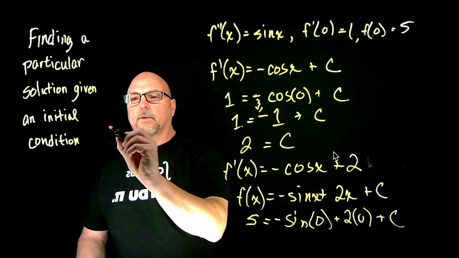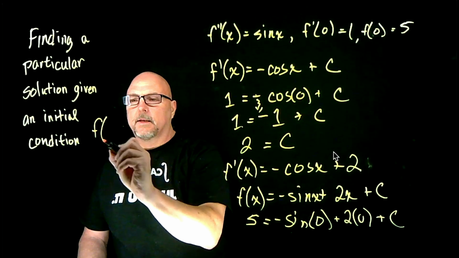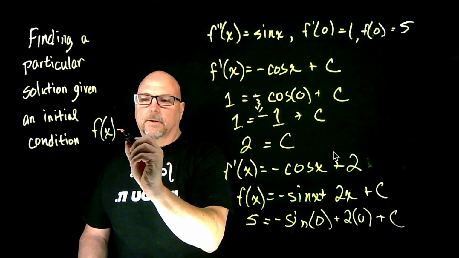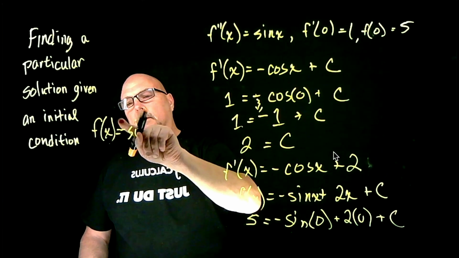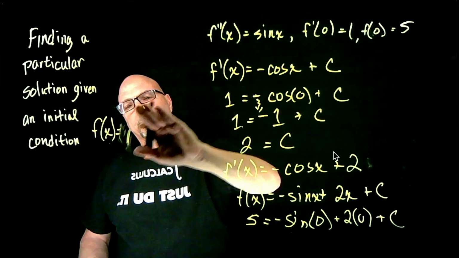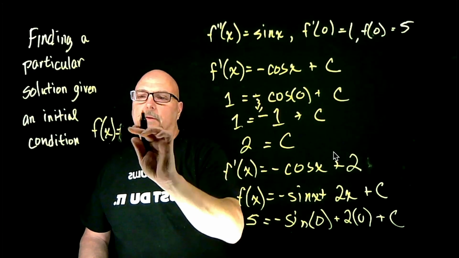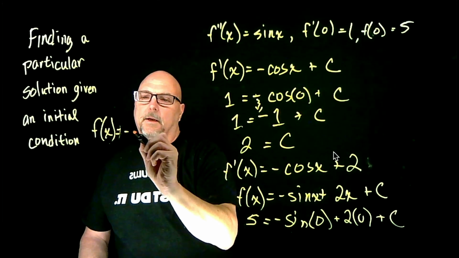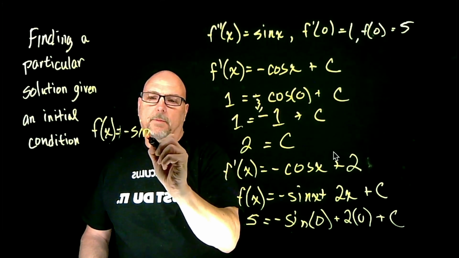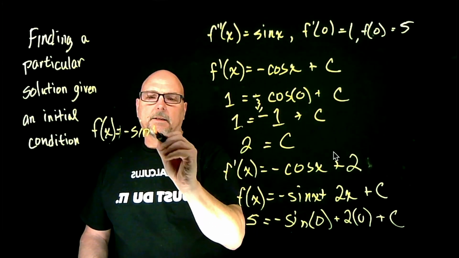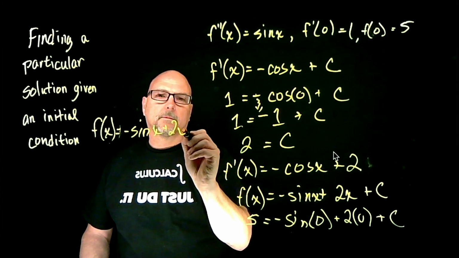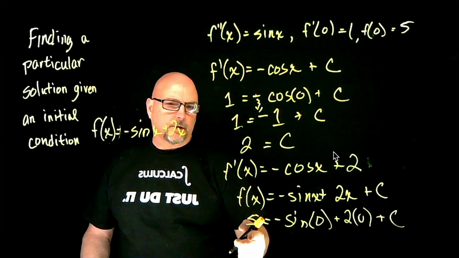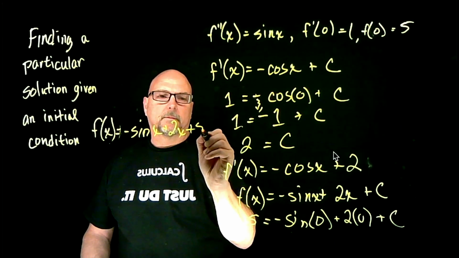So I'm going to go ahead over here and write my particular solution. I'd have negative sine of x, let me make sure that my negative doesn't run into my plus sign. So negative sine x plus 2x plus c, which we now know is 5.